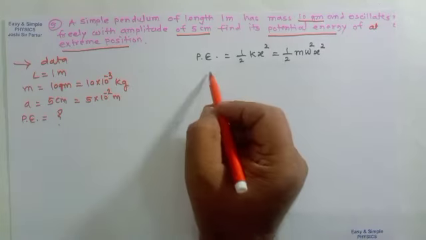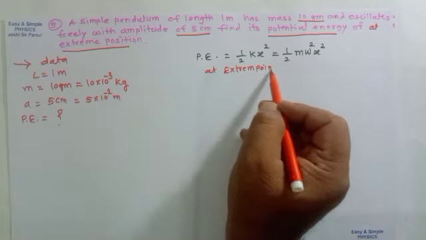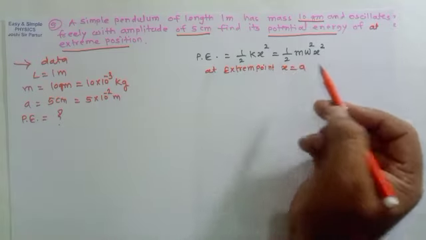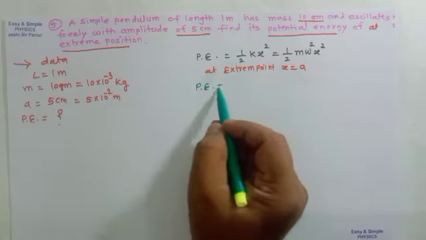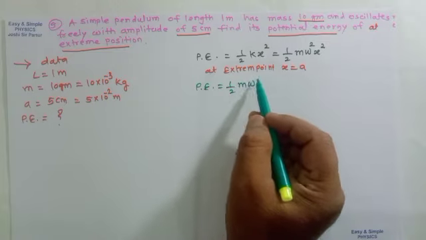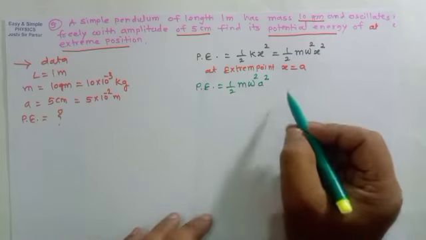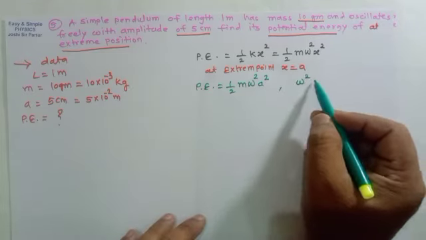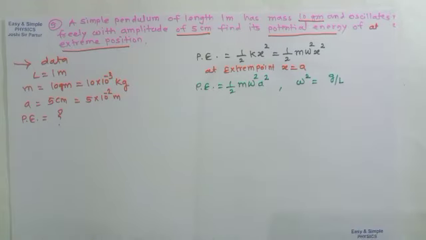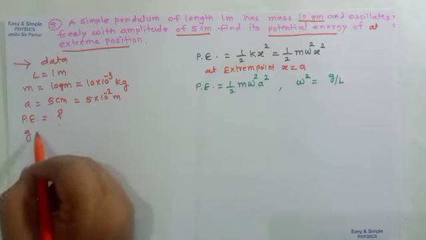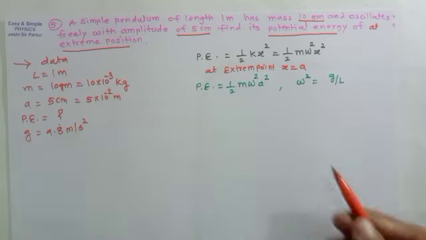But at the extreme point, x is equal to A, so the potential energy will be half m omega square A square. Again, we find omega square, which is equal to g upon L. Here we know that the value of g is 9.8 meter per second square.